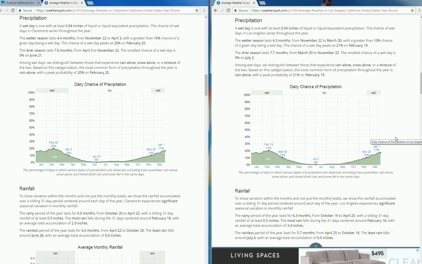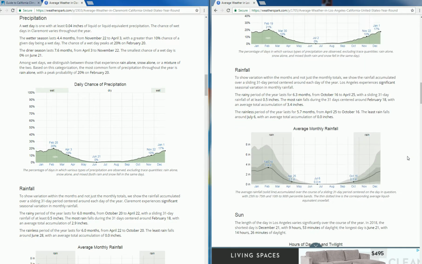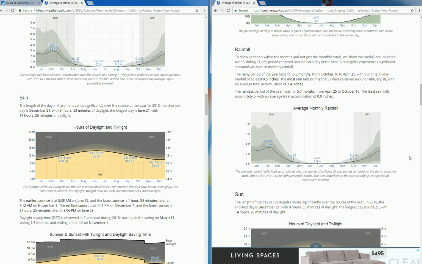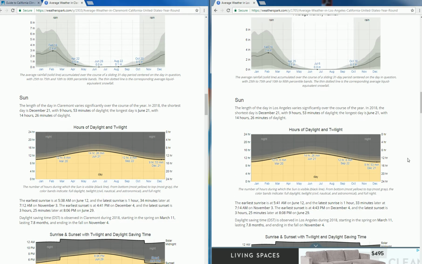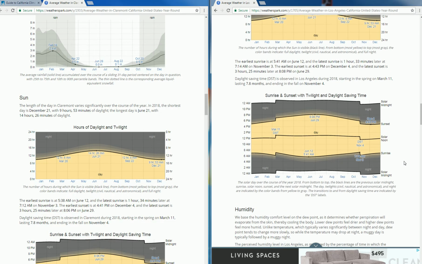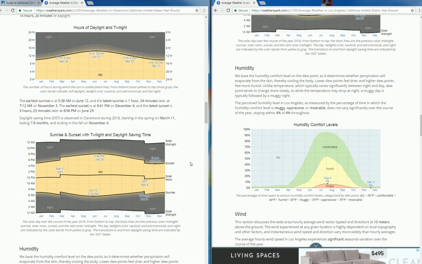So, for example, if I scroll this one back up, you'll notice that when there is more cloud cover, there's more chance of rain than when it's clear. So those two charts are somewhat reciprocal of each other. This gives you a picture of the average rainfall, which again is not too crucial for us. And most of these next two are not too important. The temperature ones are the most important ones.